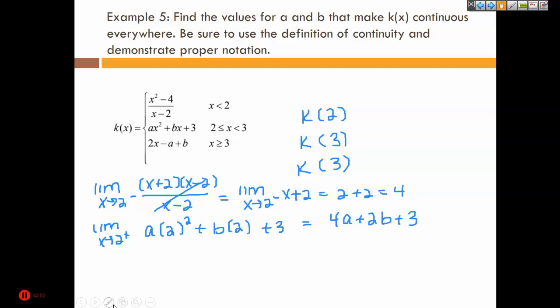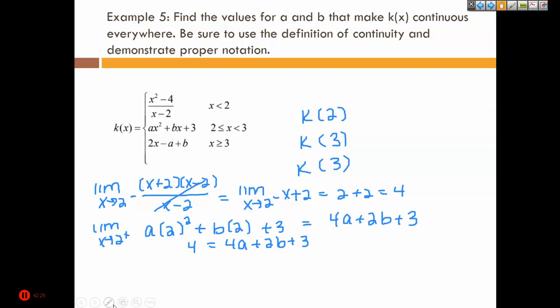And in order for the function to be continuous, the left-hand limit must equal the right-hand limit. So I know that 4 must equal 4a plus 2b plus 3. However, at this point, I have a's and b's and nothing cancels, so I'm at a pause.